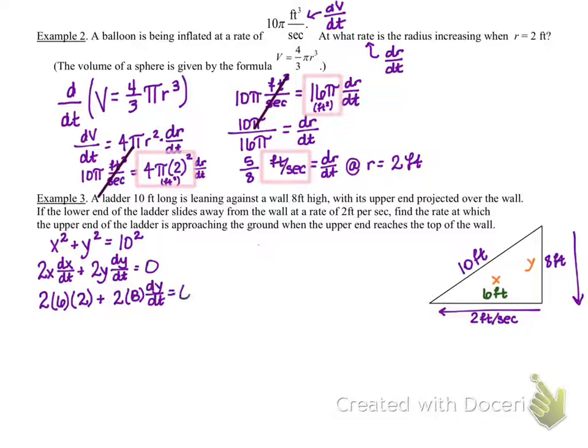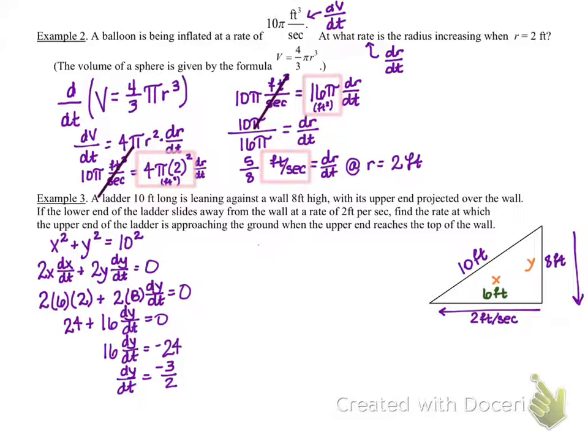So what we see here is 24 plus 16 dy/dt, and our dy/dt should be negative because that's shrinking, and it will be. So dy/dt is negative 3/2, and it is negative 3/2.